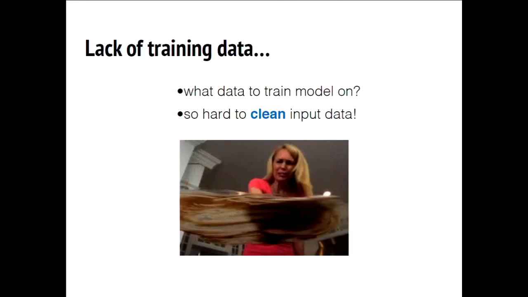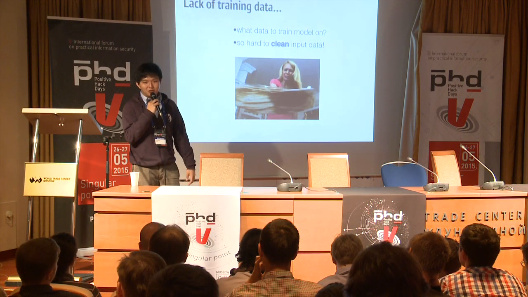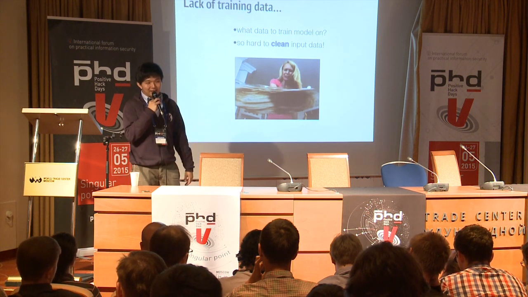So, the lack of training data. If you think about what you want to train your machine learning anomaly detector on, it's really complicated, because let's say you have web logs and you want to train the notion of normality. First of all, you have to filter out all data that's abnormal, because you don't want to train a model that has abnormal data in it, because that doesn't make sense, right?